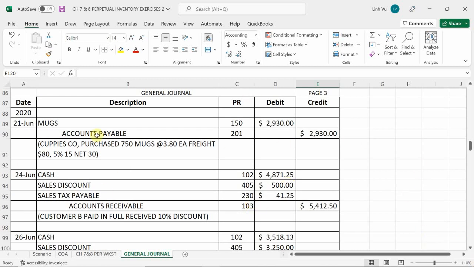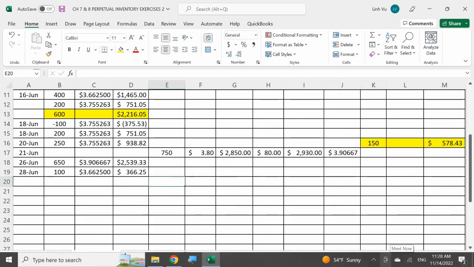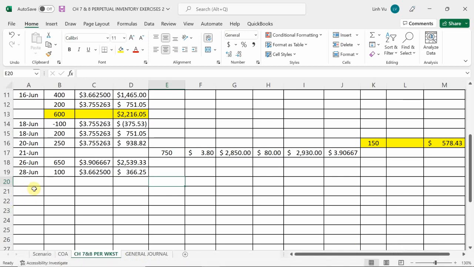I can take a look at that in my inventory worksheet and calculate it. In this case, this is the 30th, I am not returning anything, and my cost per item is $3.80. So my total that I can discount is $2,850.